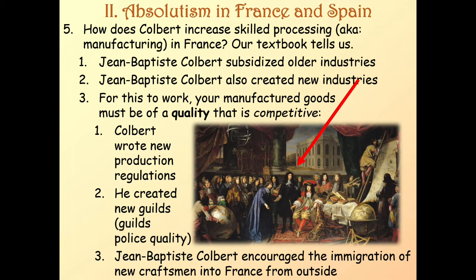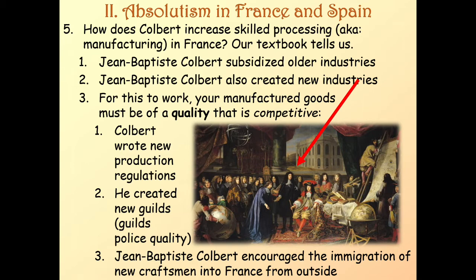For this to work, your manufactured goods, though, have to be of a quality that is competitive. In other words, the goods that you export, the goods that you turned into expensive stuff from the cheap things that you brought in, they have to be good. They have to be worth it for people to buy.